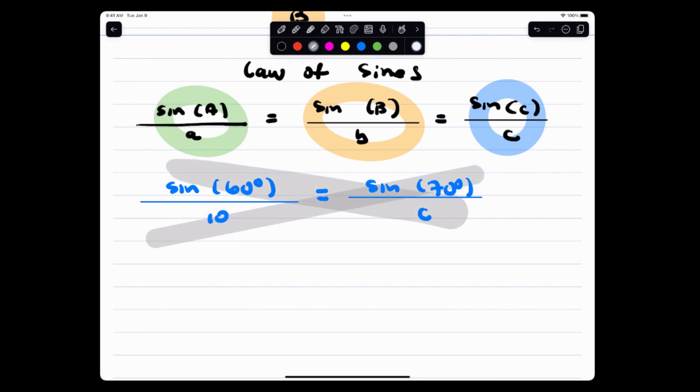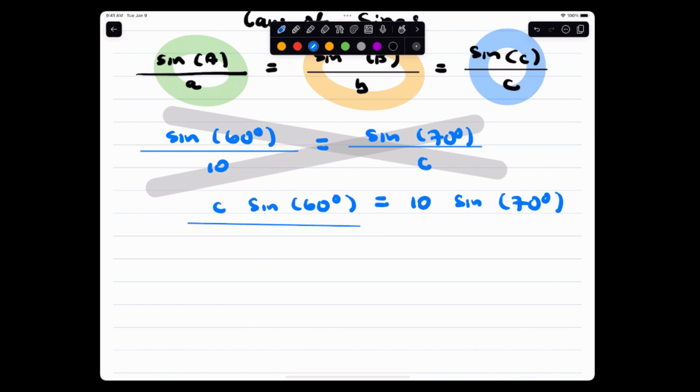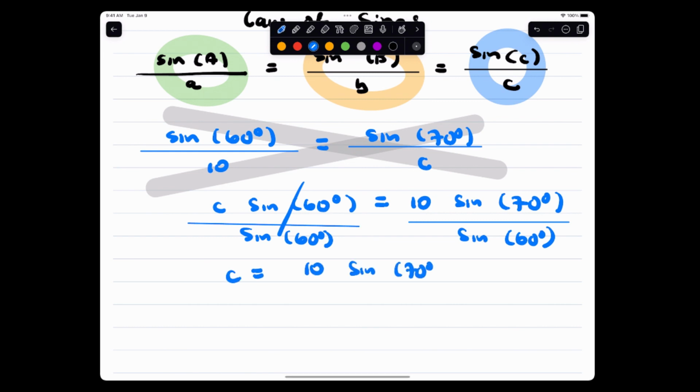Cross multiply. Okay, so when you cross multiply, you get C sine 60 is 10 sine 70. Divide both sides by sine 60. Ten sine 70 over sine 60.